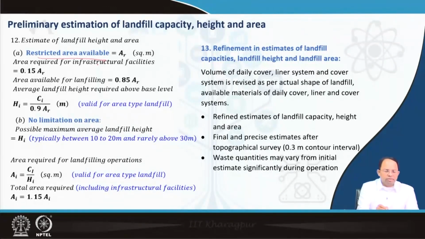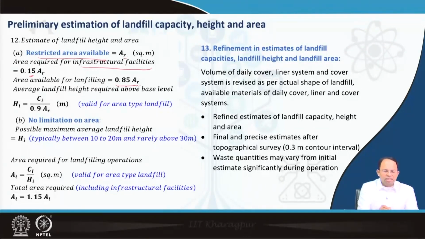So we can say that 0.15 of the area would be required for the infrastructural facilities, or alternatively we can say 85% of the entire area of the site would be dedicated for storing of waste and covers and so on, right? So we take only 0.85 of the total area which is available, AR.